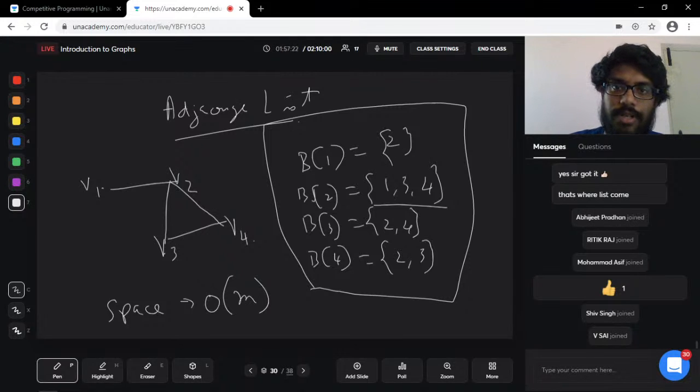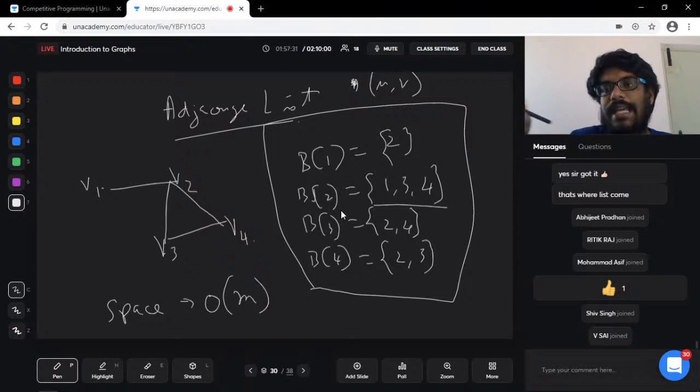If I want to find whether there's an edge from u to v, I have to go to B of u and look at that entire list and find whether v exists in that list or not. I could make this somewhat better by maybe sorting this list and doing a binary search. But even then it's going to be log of degree, which worst case is log of n time. It's not constant time. It's at least log n time in this case. So that is one issue.